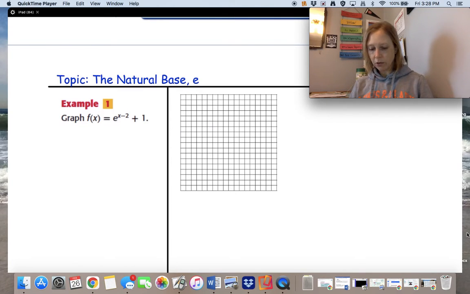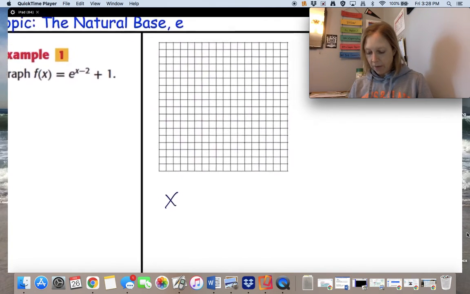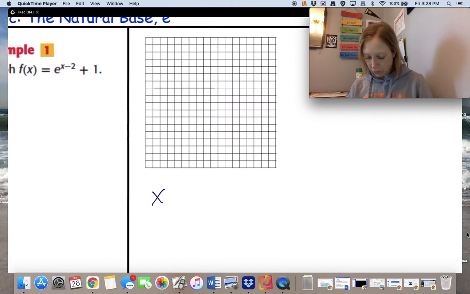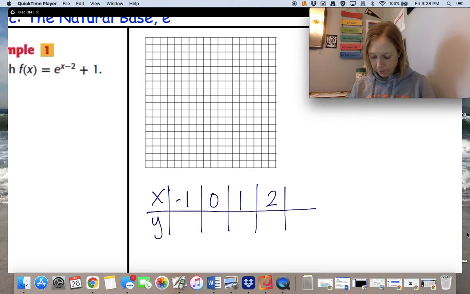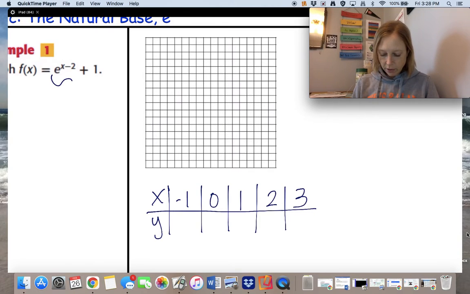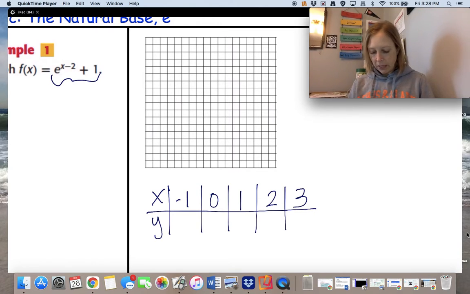I'm going to start my table at -1, and if I need to add more negative values, I'll add more from there. I'll go backwards. So I'm going to start with -1, 0, 1, 2, 3. Let's start with this and see where we get. So here's our expression, e to the x minus 2, plus 1.